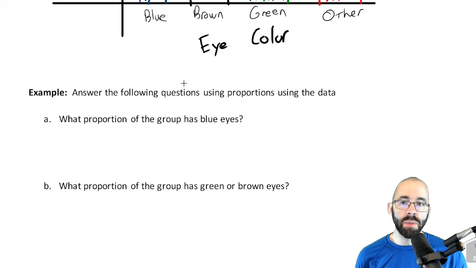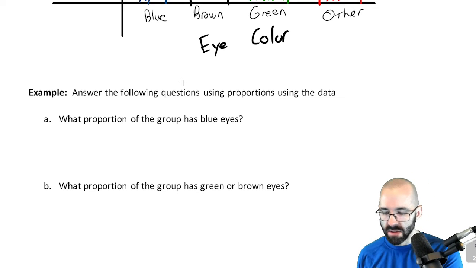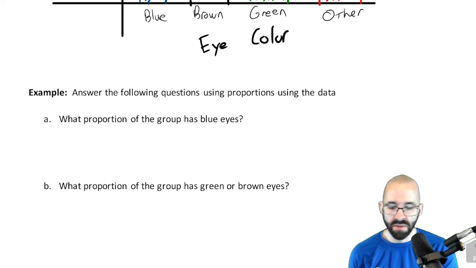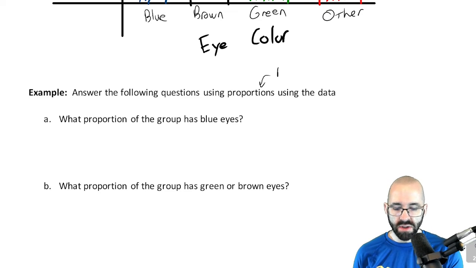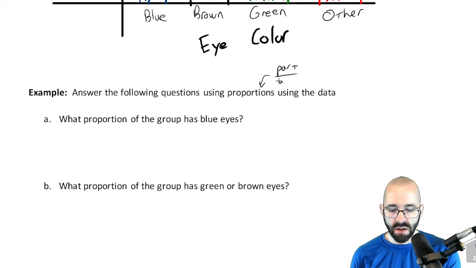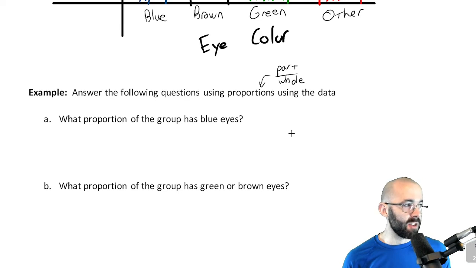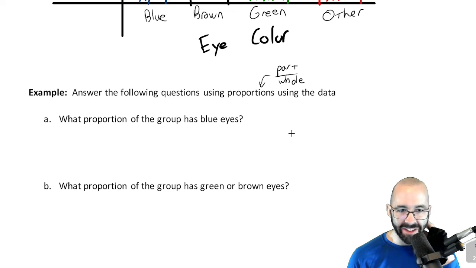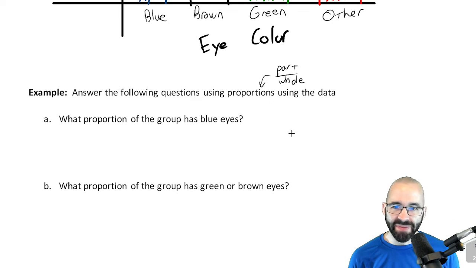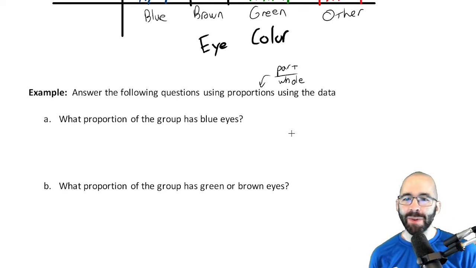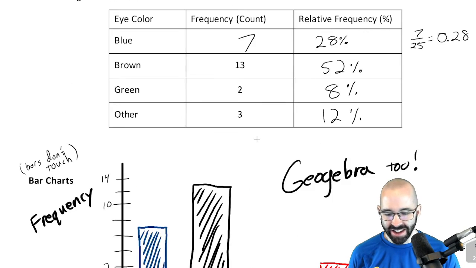So we're going to end this video by just answering a couple questions using these proportions. So remember, proportion is just part divided by whole. If you ask, what proportion of that pizza did you eat? And I said 80%, I ate 8 pieces out of 10 total pieces of that pizza. I love pizza. What proportion of the group has blue eyes?